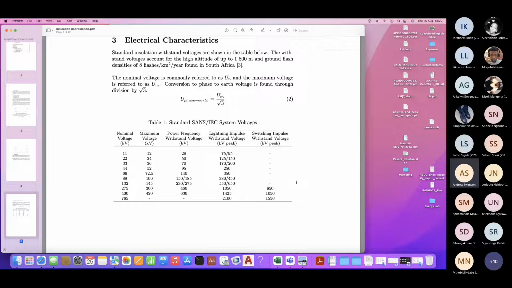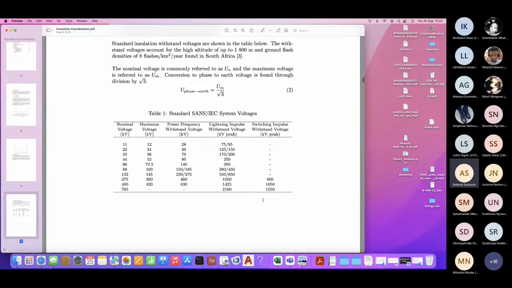But you're switching at the higher voltage. It causes much worse switching surges than when compared to the lightning impulse surges. So normally we just test for that at the very high voltages. We can't do any of that in the lab at UGazadin. You need some serious equipment for that.